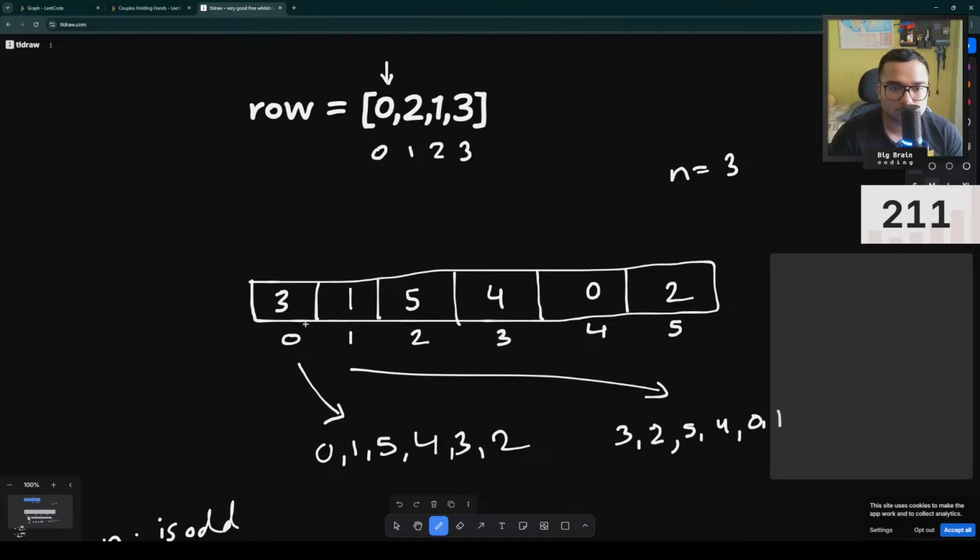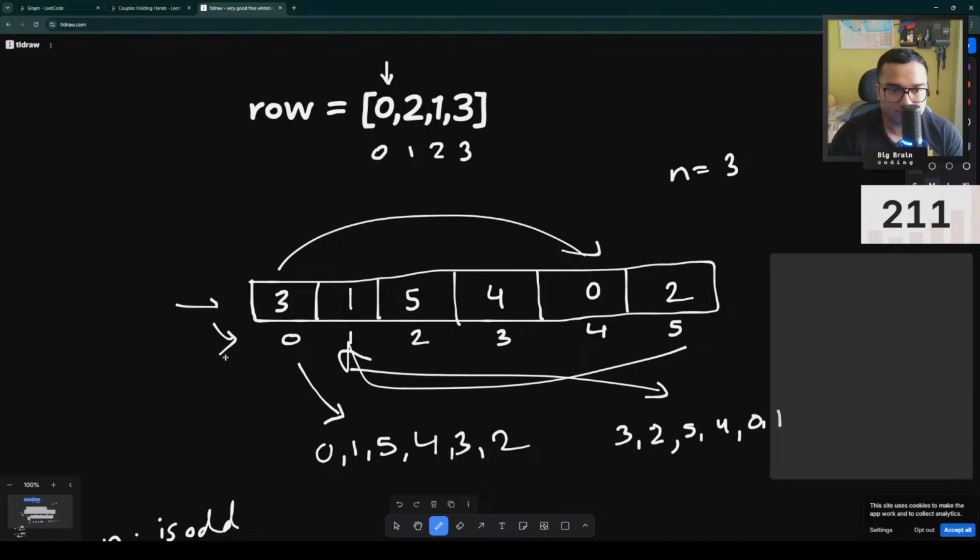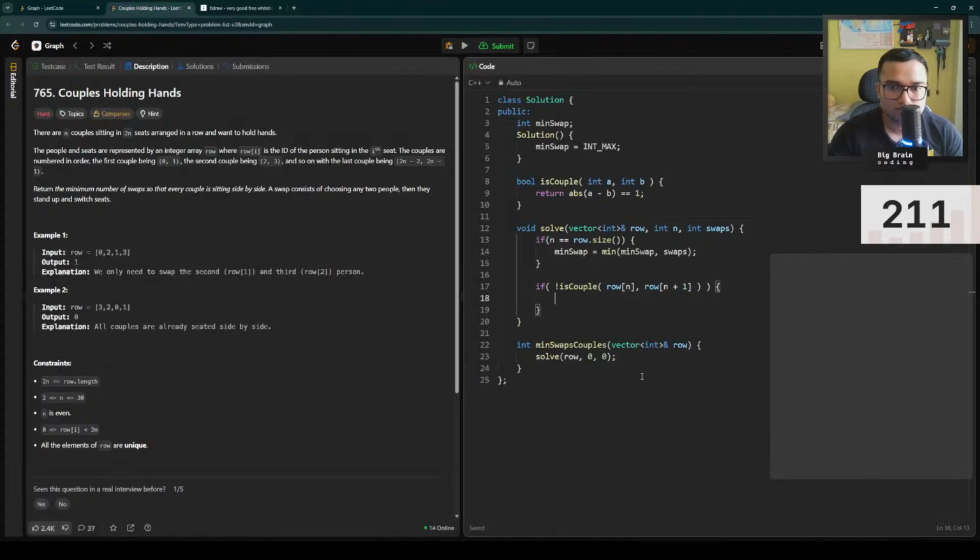Basically, two options are I move 3 to here or I move 2 to here. So for that, I need a map of values, I mean person, to the index where they are located, right? So before that, let's create a map.